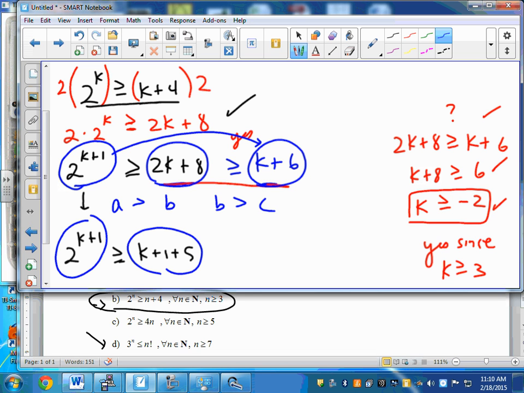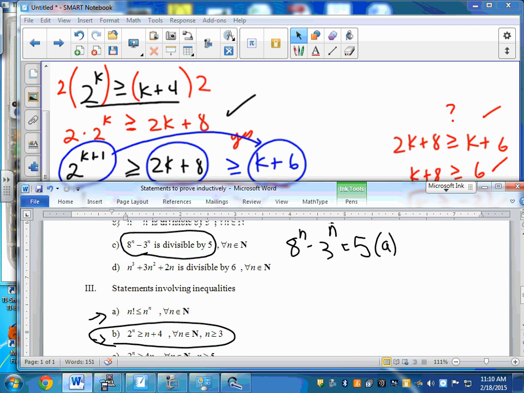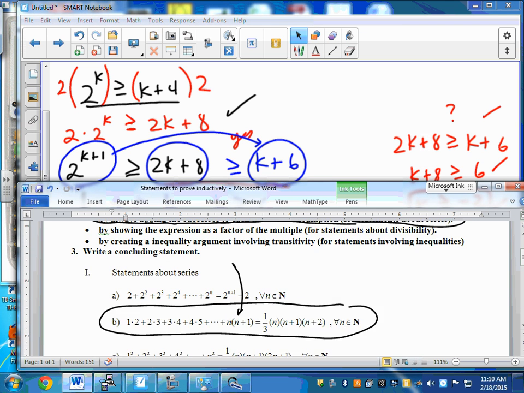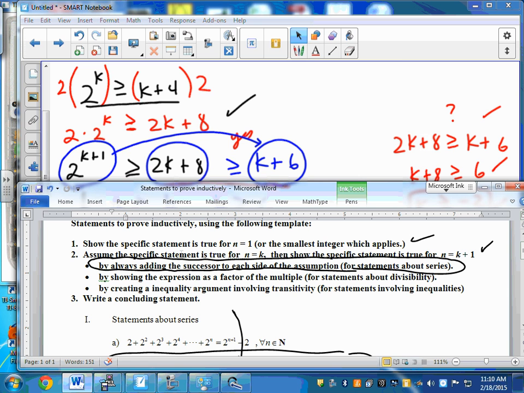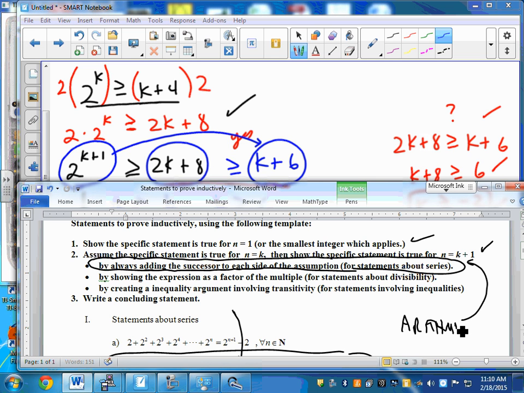In all instances, whatever the proof is, and remember the ones that you're really going to be focused on are series proofs, in particular arithmetic series. So that's the ones we're really stressing. But in all proofs, make sure you end with a concluding statement. So I do need to have this concluding statement at the end.